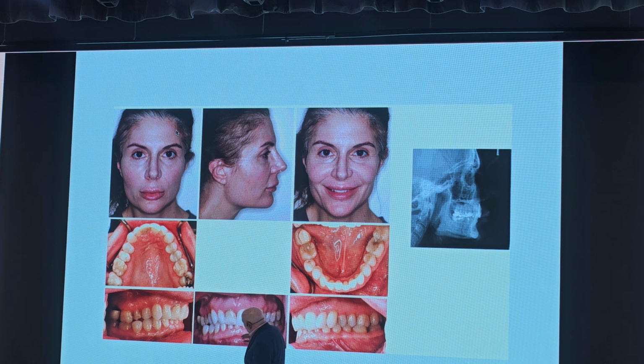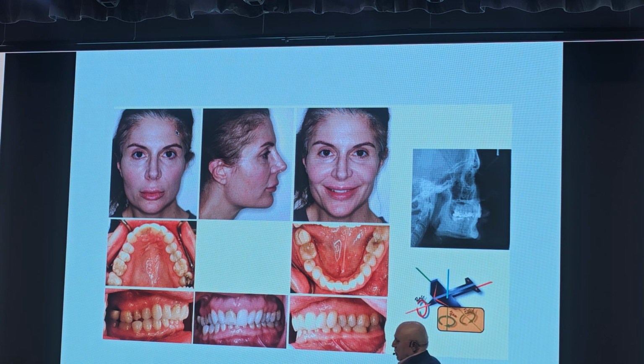Intrude on this side, extrude the lowers, intrude the uppers. So you need a sequence. What is going to be done first? What is going to be done after? And in this patient, you don't want to see a flat mandibular plane. Frontal horizontal and mandibular plane are almost parallel with each other.